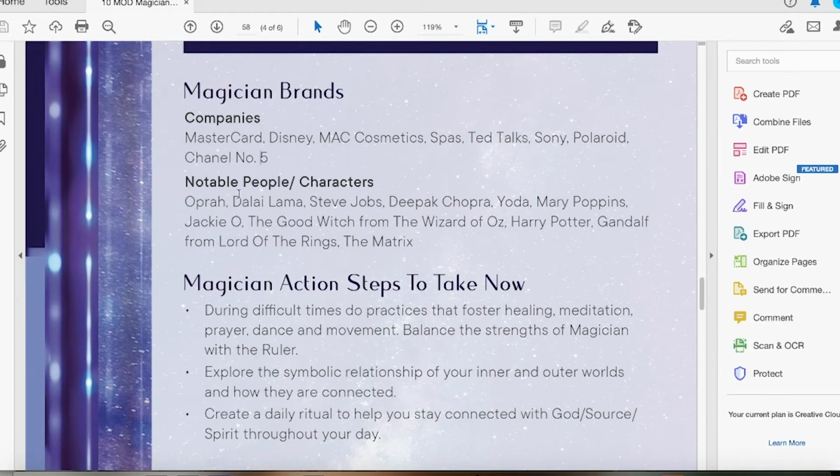And then I also included notable people and characters so that you can see how this archetype plays out, even in people in our society, like well-known people, celebrities, and also characters in movies and in books. So you can start to see these archetypes out in the world and work with them in that way.